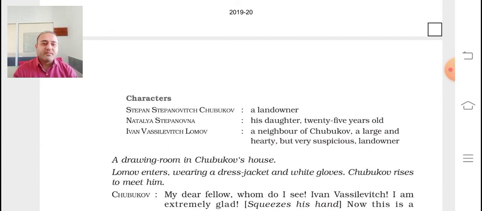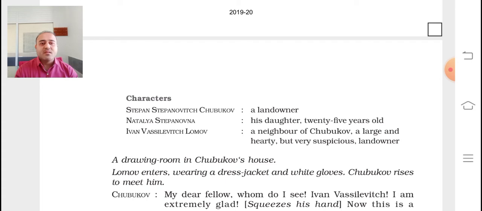Here are the characters of this chapter. As I said, the landowner, his name is Stephen Stefnovich Shubuko. Stephen Stefnovich Shubuko, he is the landowner.